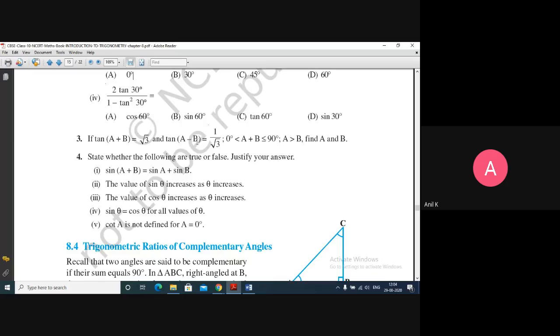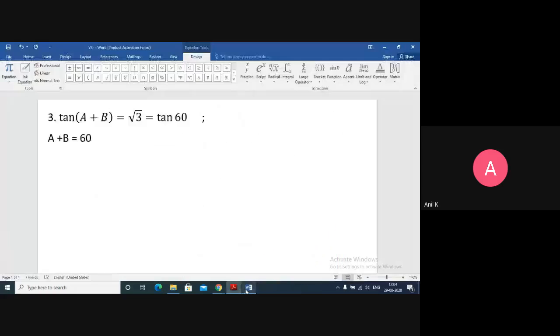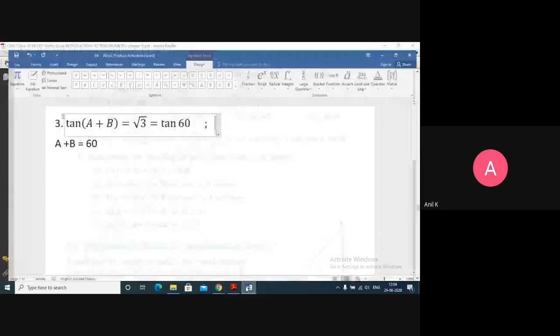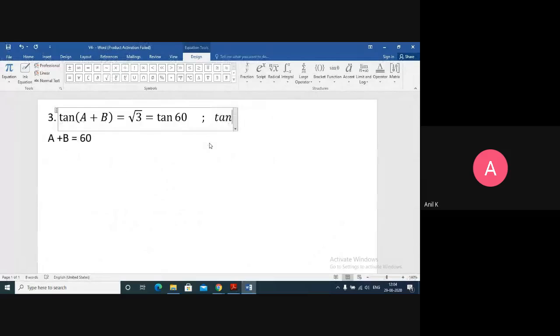Next one, tan(A − B) equals 1 by root 3. So the second equation is given as tan(A − B) equals 1 upon root 3. So 1 upon root 3 is the value of what theta?